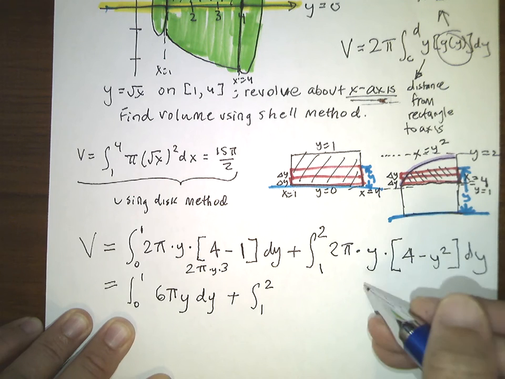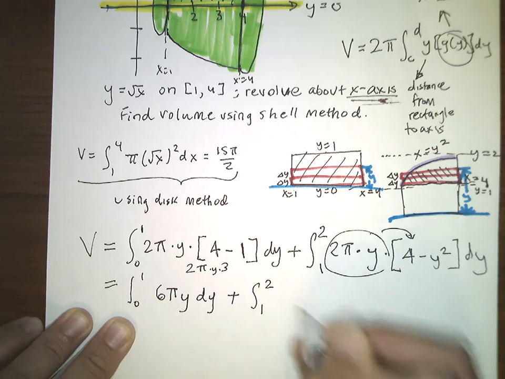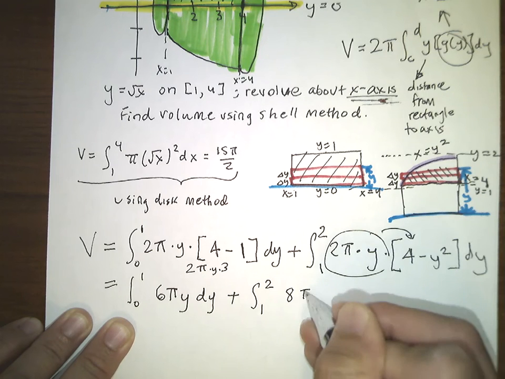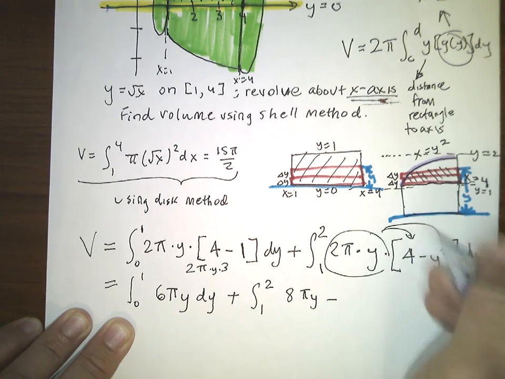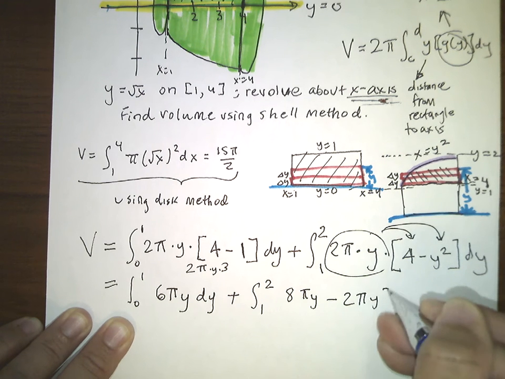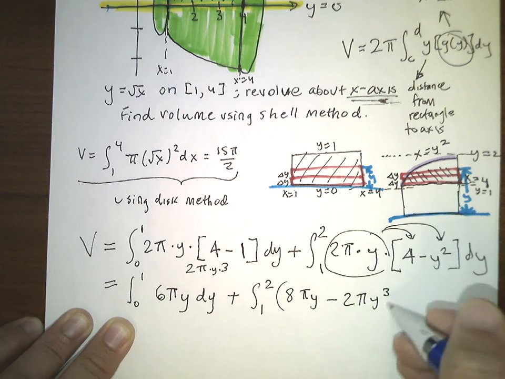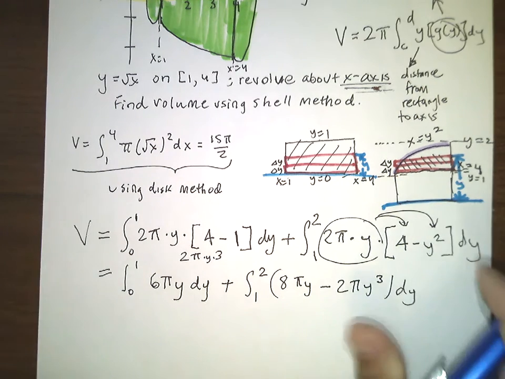Now, this is actually, let's see, so 2 pi y times 4, that will be 8 pi y minus 2 pi y times y squared, so 2 pi y cubed dy.